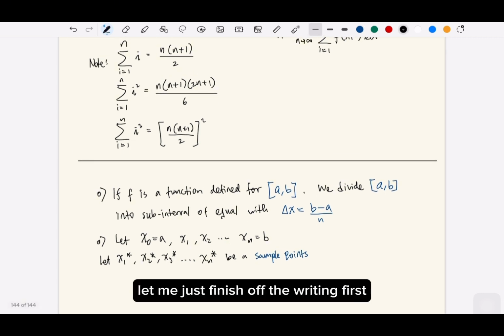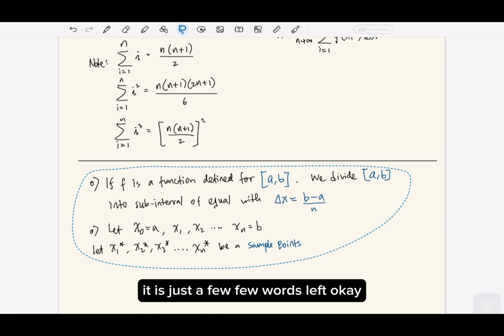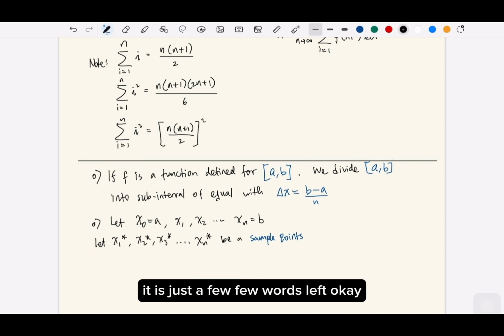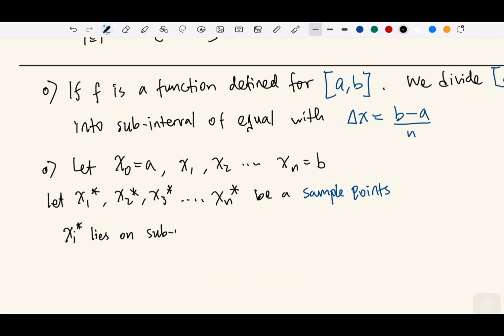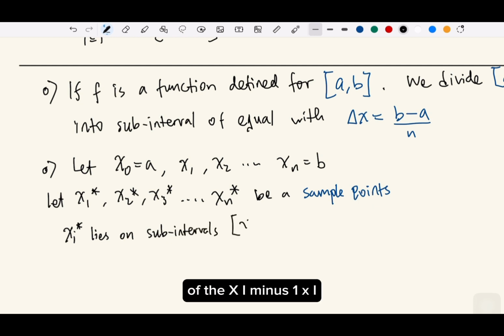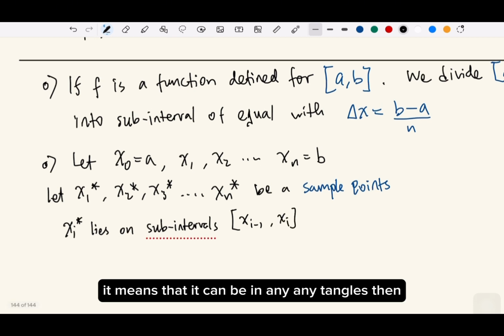Let me just finish off the writing first. Okay, just a few words left. And then xi* lies in the subinterval [xi minus 1, xi]. It means that it can be in any rectangle.